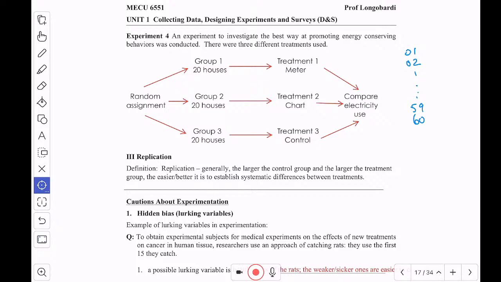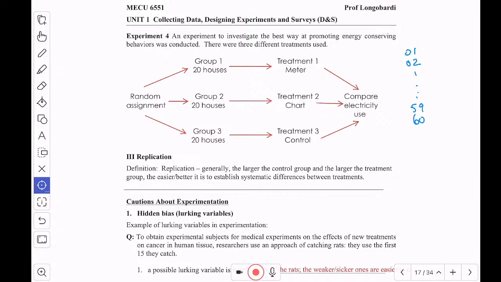So you're going to end up with groups that, to avoid other variables confounding your results, making the groups as similar as possible based on those variables, that will mean that you need enough replications within the treatment groups and the different treatment groups and the control group. Okay, so that you can better establish systematic differences attributable to the treatments.